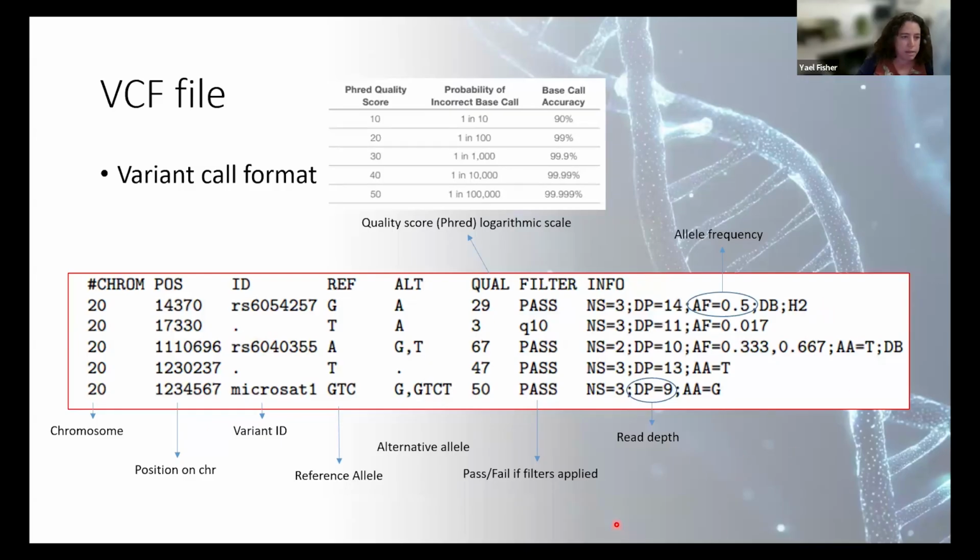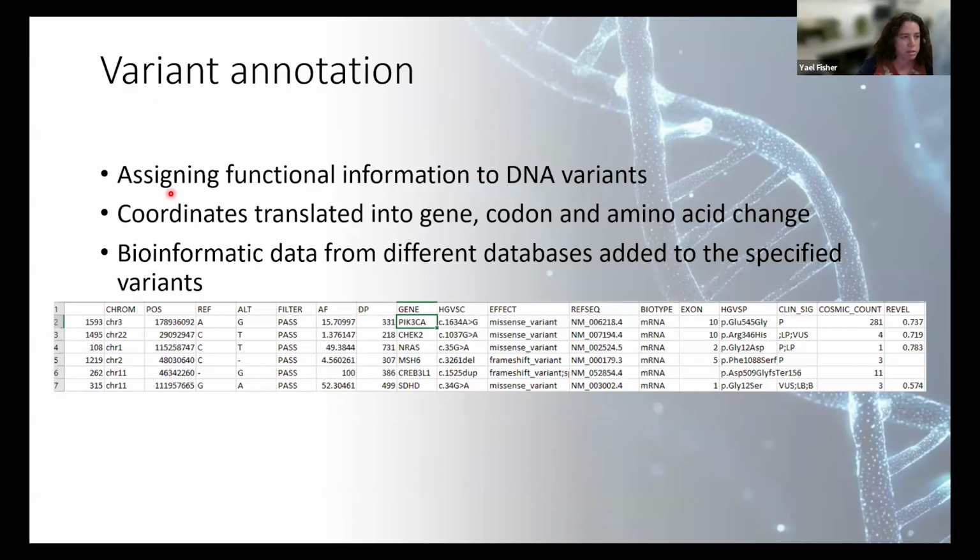So the next step in the process is to annotate these variants and assign functional information to what we had in the VCF files. The coordinates we had are translated into genes, codons, and amino acid changes, and some bioinformatic data from different databases is added to the specified variants.